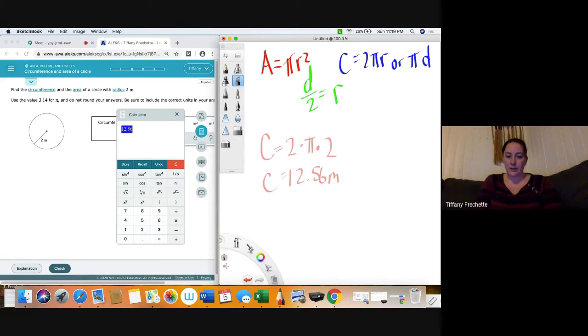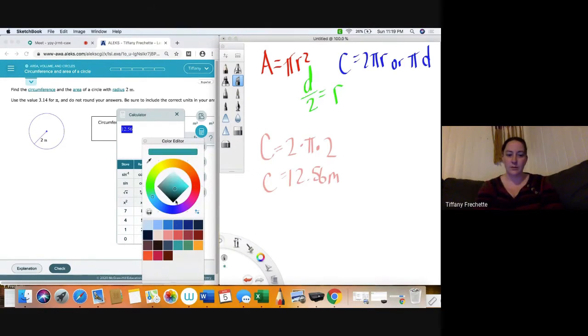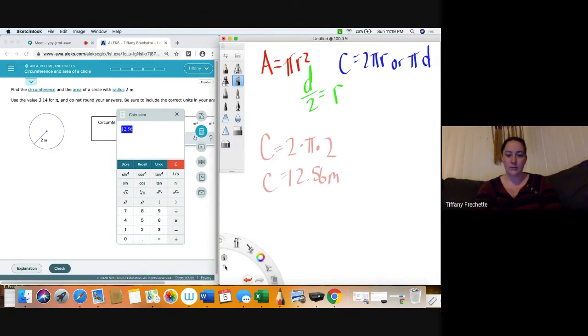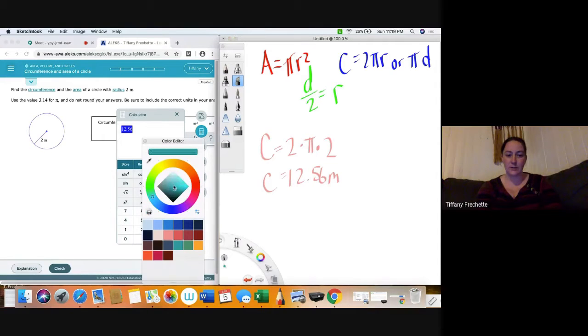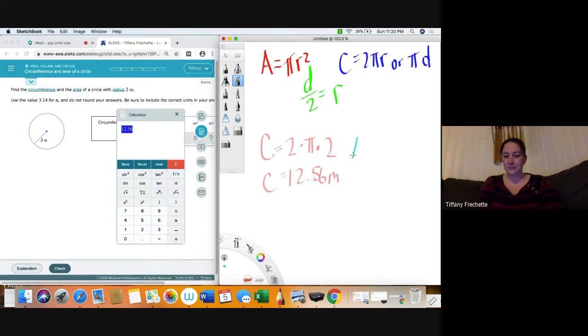All right, now we're going to go with, oh, what happened? Uh-oh, clicked on the wrong one. All right, we're going to go with this blue again. Area equals pi r.